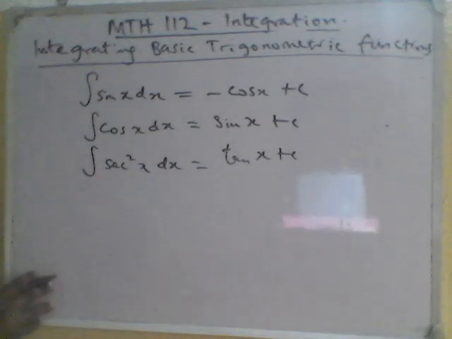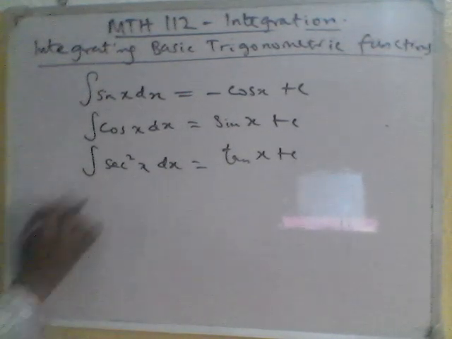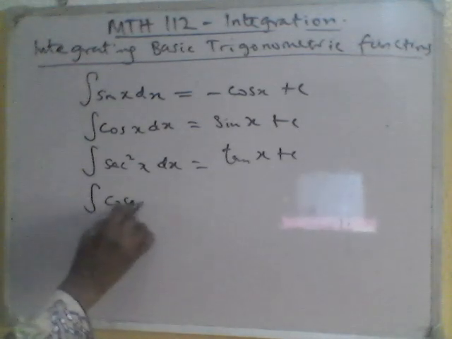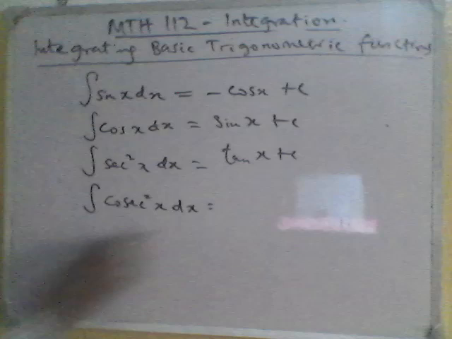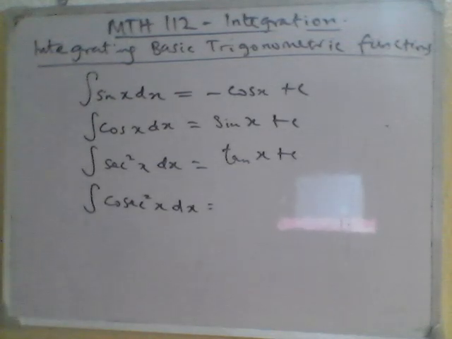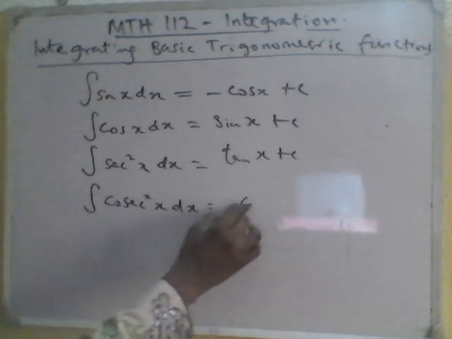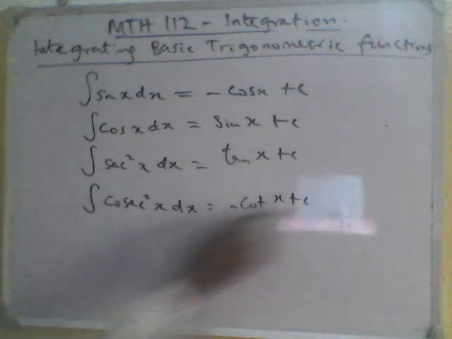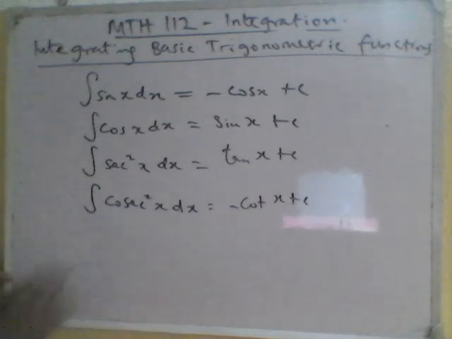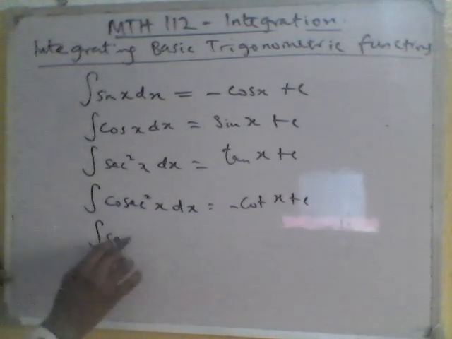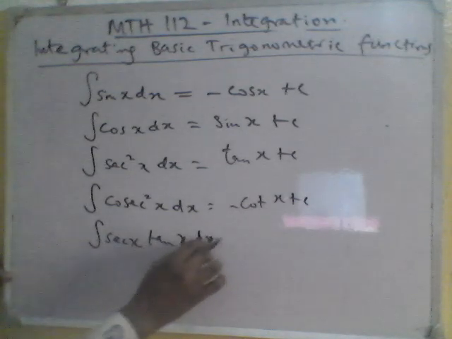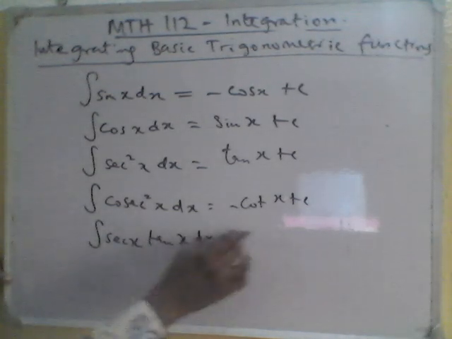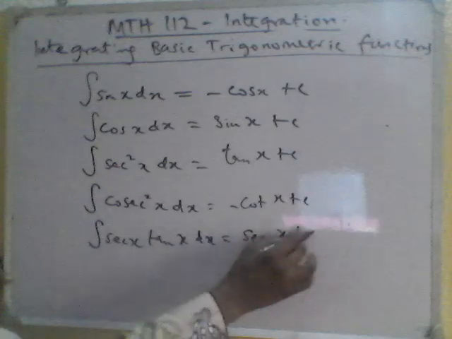And if you are asked to integrate cosec square x dx, the standard integral is minus cot x plus c. And if I ask to integrate sec x tan x dx, the standard integral is sec x plus c.